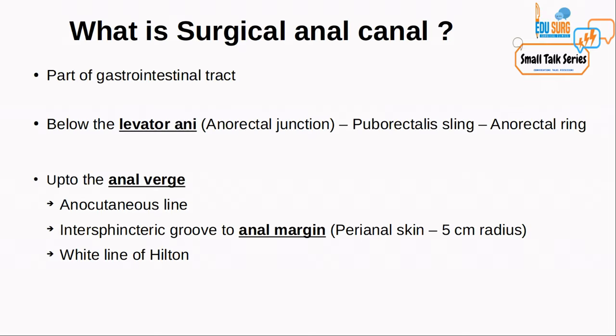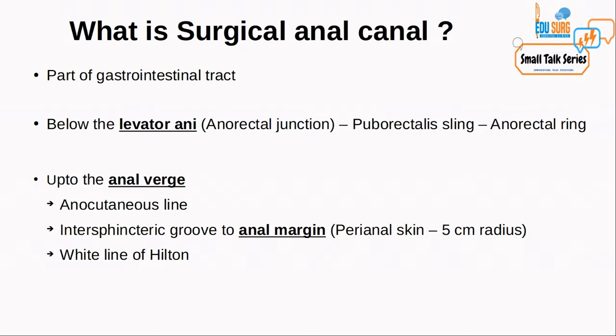Both these entities were described by Hilton during his surgical career. He described white line as a line which demarcates the internal and external sphincter and which demarcates the skin and the anoderm. So essentially, both these definitions equate to definition of anal verge.